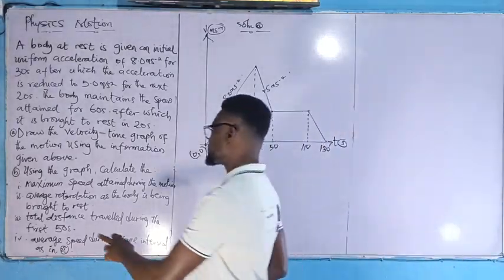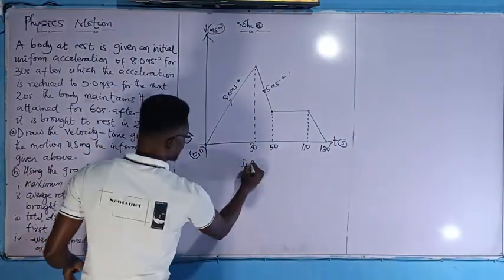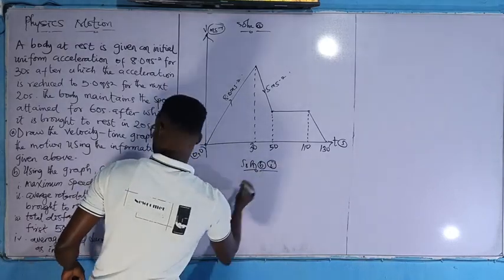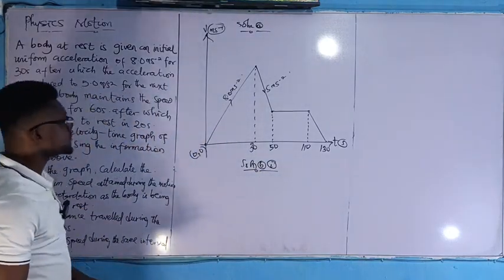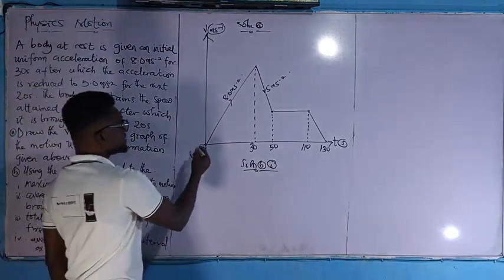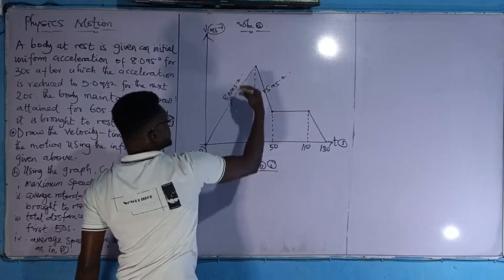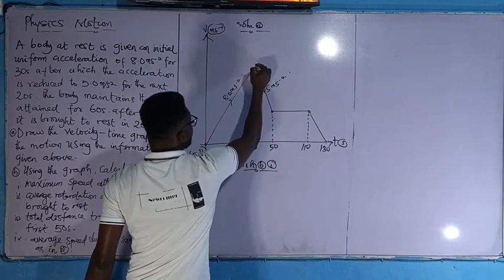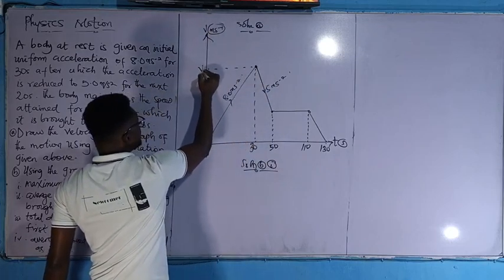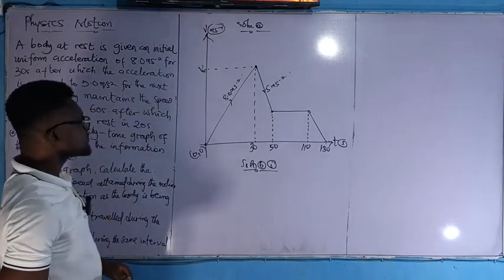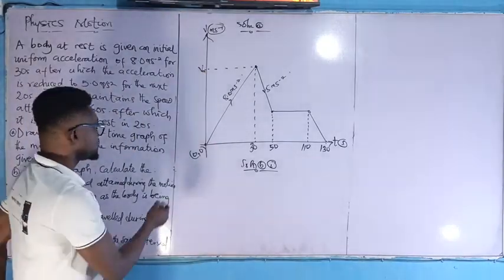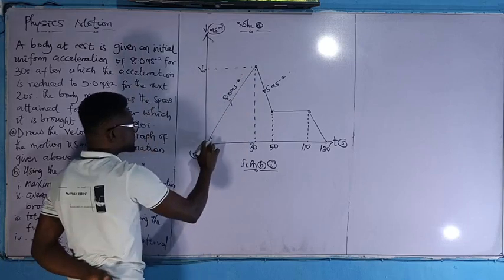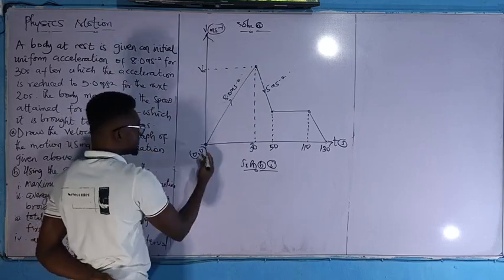Now let's get to question B. So solution B, question number I. We are now asked to find the maximum speed attained during the motion. This is the velocity. When you check each of those points, you will see that the one that is maximum is this. So here is the maximum speed. In order to get it, we have our initial speed and our final speed along this path, so we have to write down the parameters.